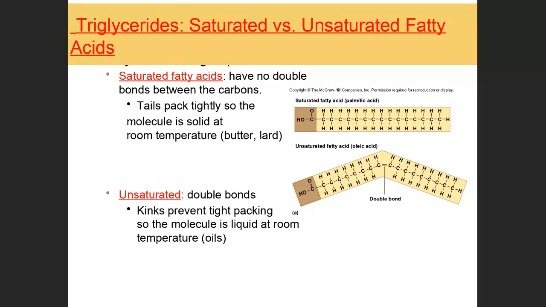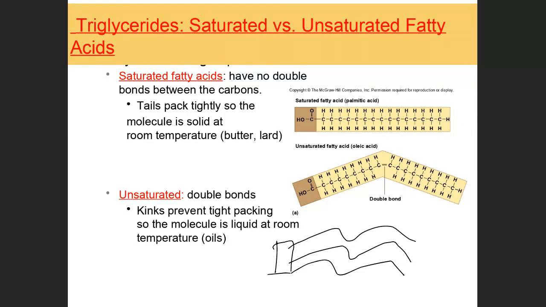In microbiology, what do we need to know? Why do we care about saturated versus unsaturated fatty acids? The reason why we care is because an unsaturated fatty acid cannot become solid. It remains liquid, because the kinks made by the double bonds in the carbons prevent these molecules from coming very close together.